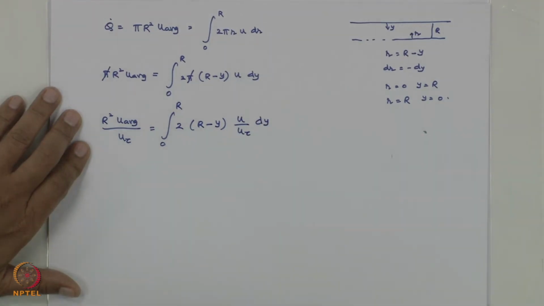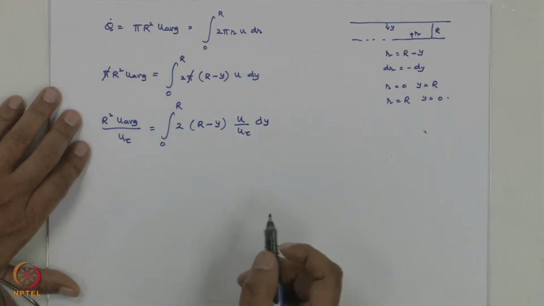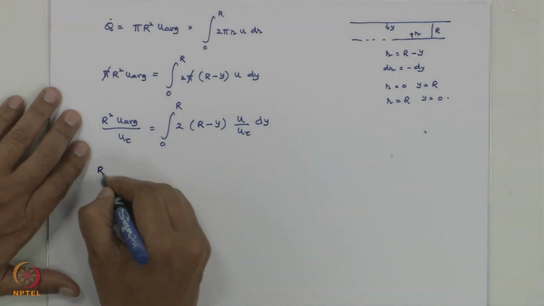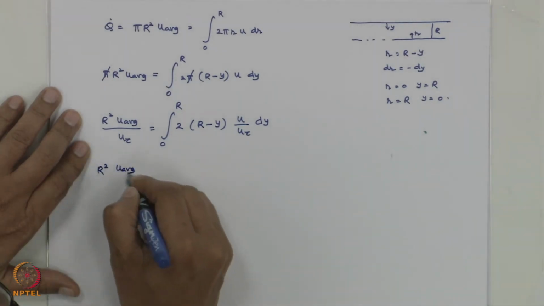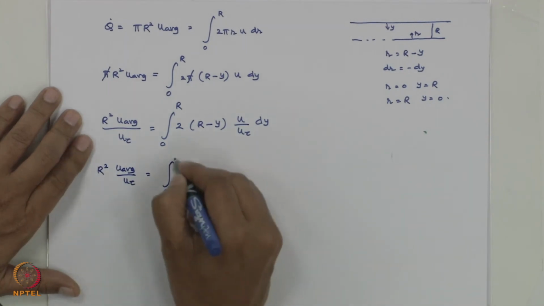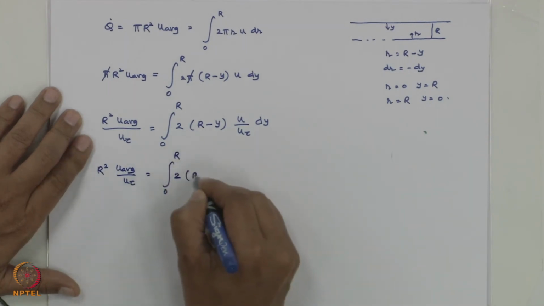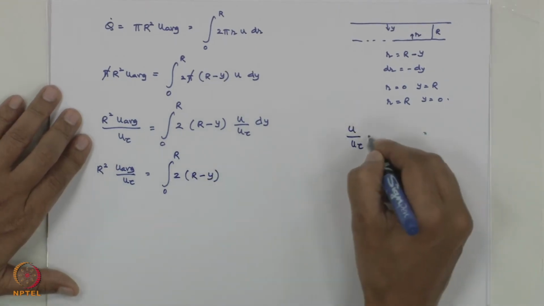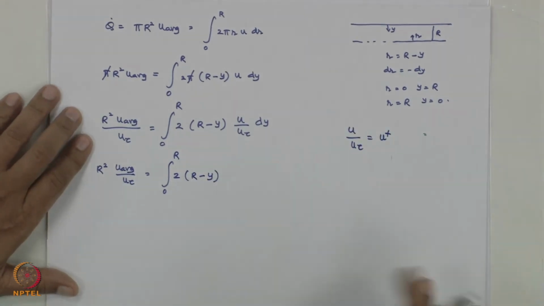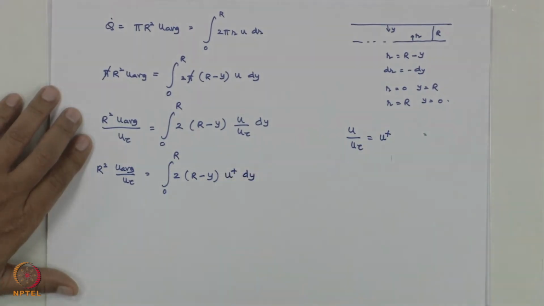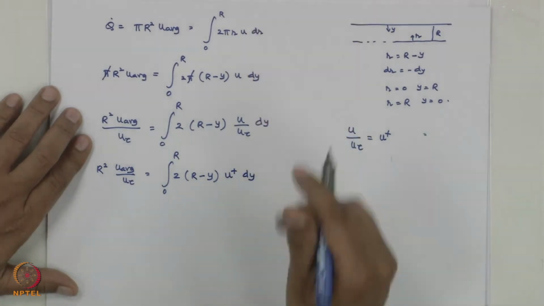Okay. So now this is R squared u average by u tau is equal to integral of 0 to R 2 into R minus y. What is u by u tau? U by u tau is nothing but u plus. So you have u plus dy. But what is the u plus relation we have gotten?